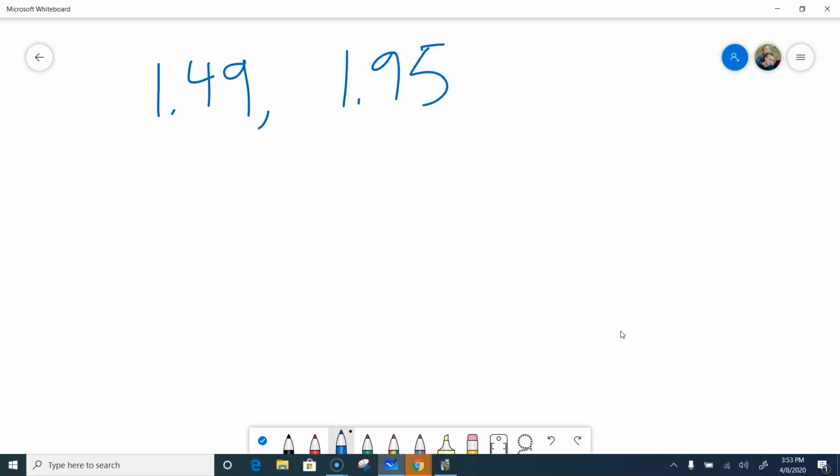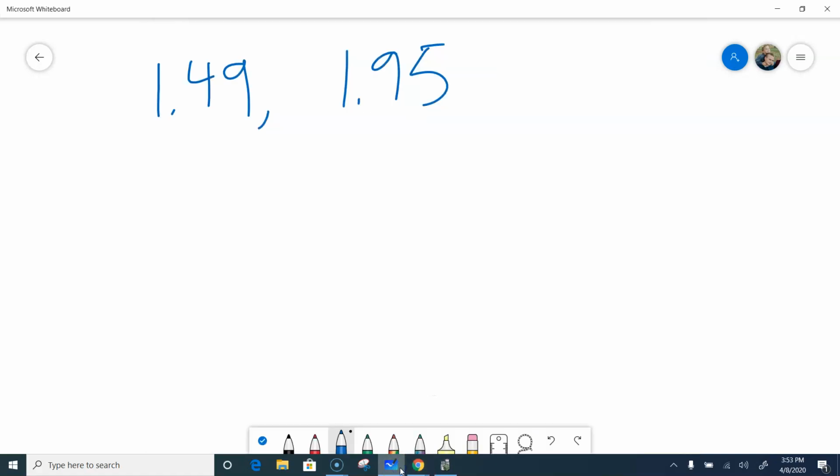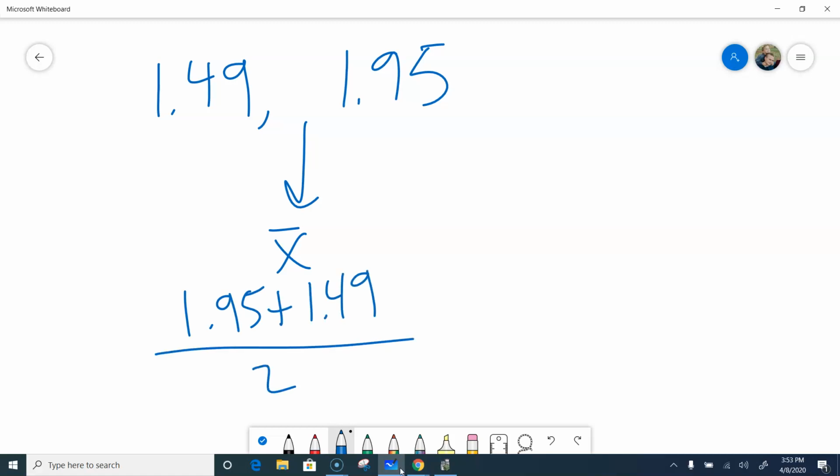Let me double check that that's the right interval that I just saw there. Yep. Okay, so they want to know what's the sample mean. Well, that's the X bar that lives right in the middle of these two. That's going to be easy. Just take 1.95 plus 1.49 and then divide that by 2.